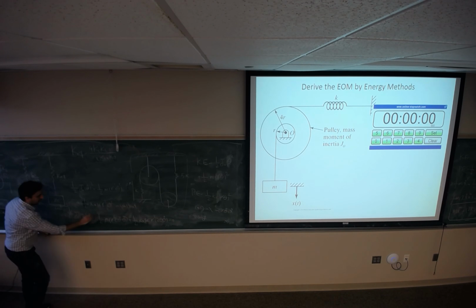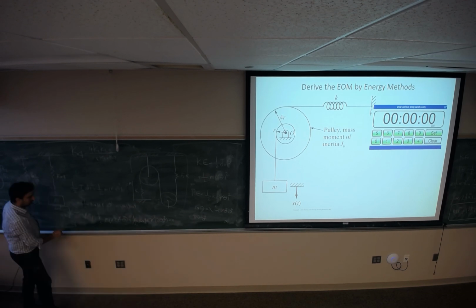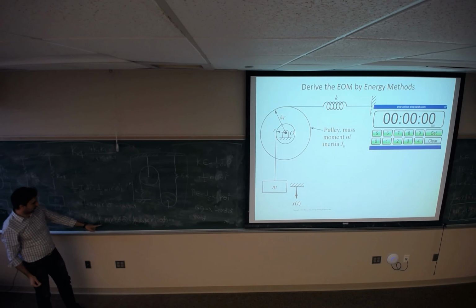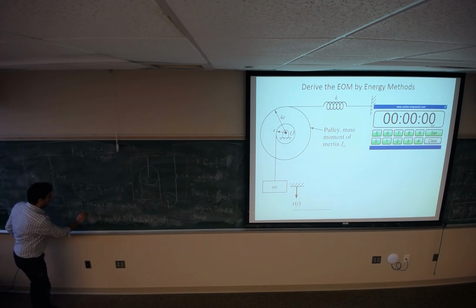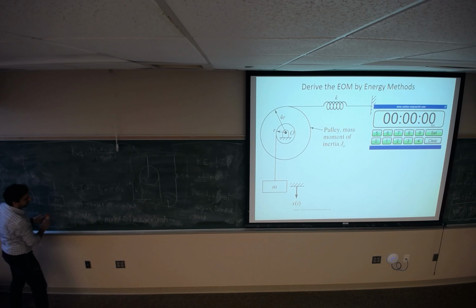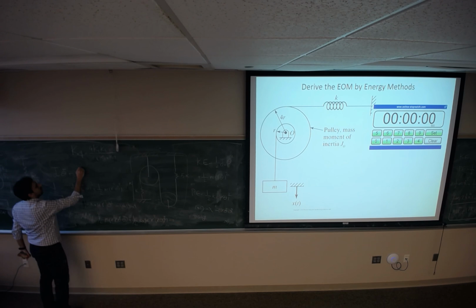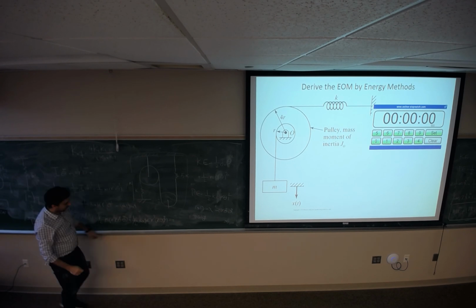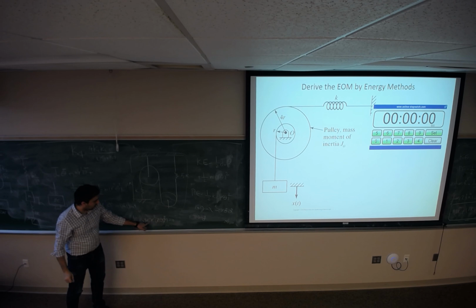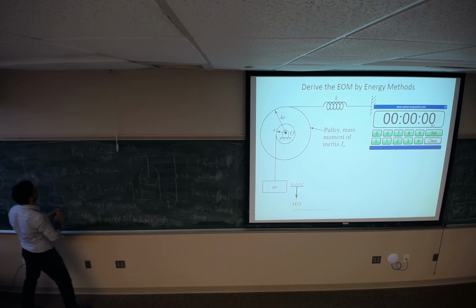Cancel out the half, cancel out theta dot, cancel out the 2. Now I write the remaining terms: J naught theta double dot plus M R square theta double dot plus 16 K R square times theta equals 0.